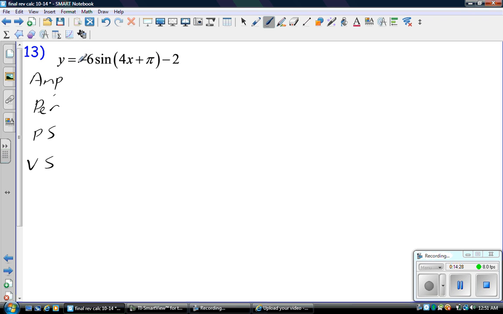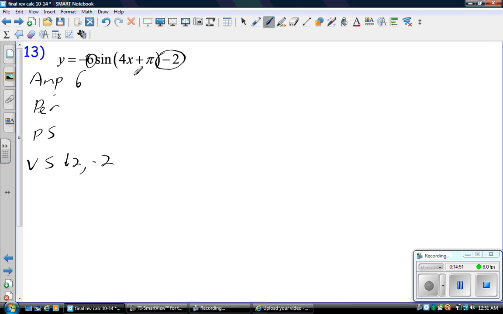Remember, this means it's reflected, but amp is always positive. So the amp is just a 6. So that's easy. The vertical shift is down 2. So you could either write it as down 2, or you could say negative 2, whatever. Either one.